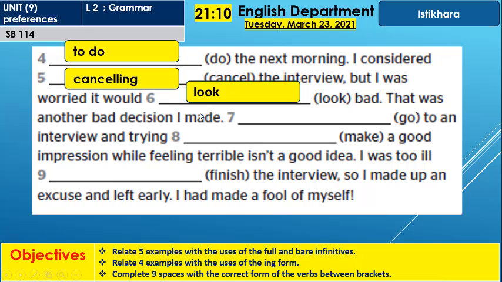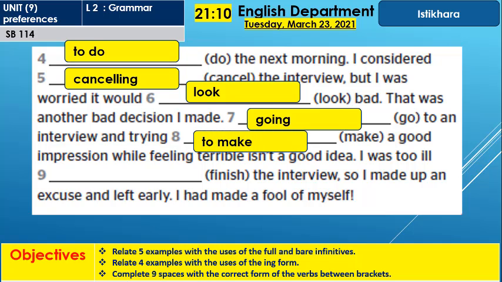Number 7, here a new sentence. So we need a subject, a noun or a verb form that plays the same role as a subject, so it will be going. We need a gerund. Going to an interview and trying to make a good impression while feeling terrible is not a good idea.